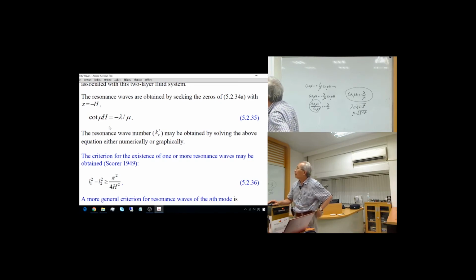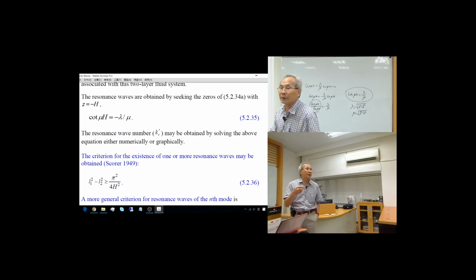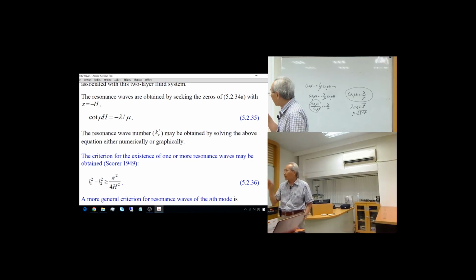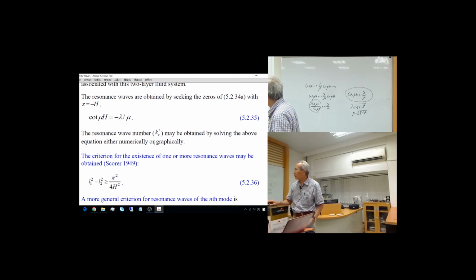And the resonance wave number kr star may be obtained by solving the above equation, either numerically or graphically, because analytically it's difficult. You cannot have a closed form, but you can do it by numerical calculation of the equation above.